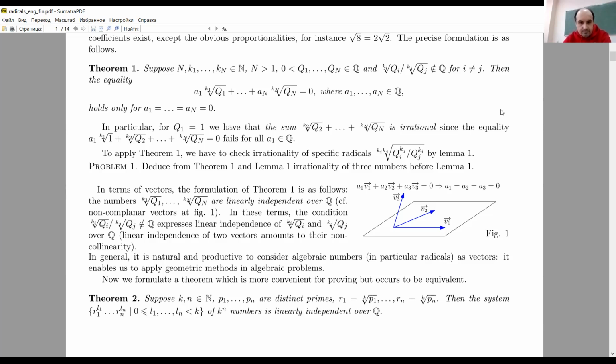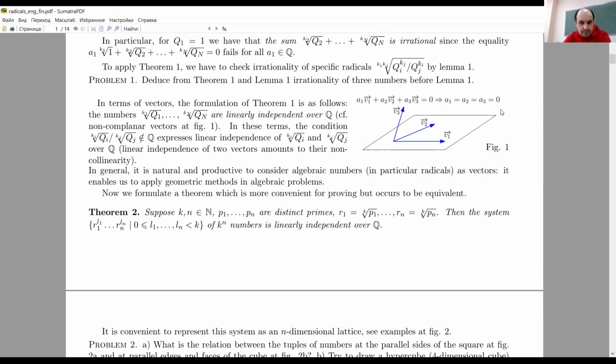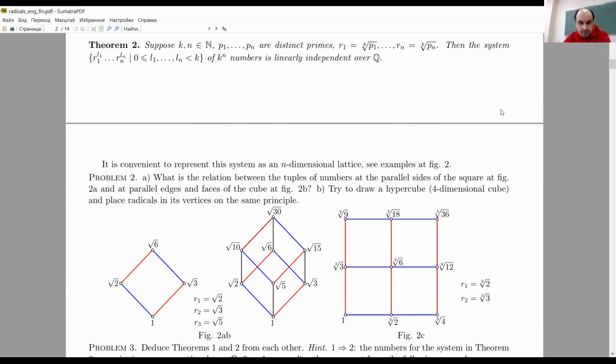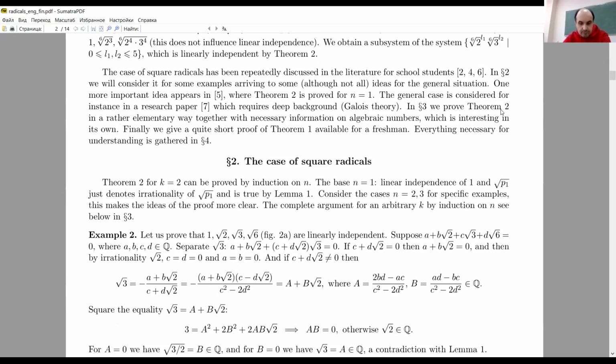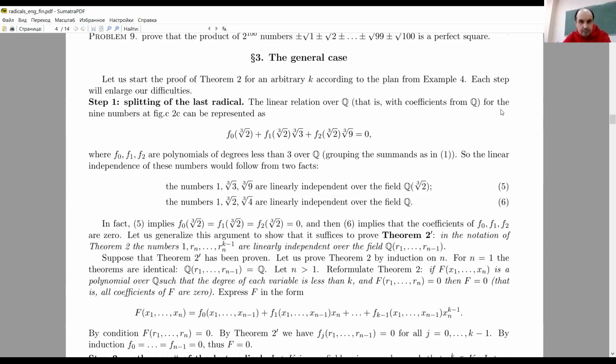Its proof splits into several steps, similarly to the case of square radicals. So scroll down, please, to section 3, the general case. Yes, this one.